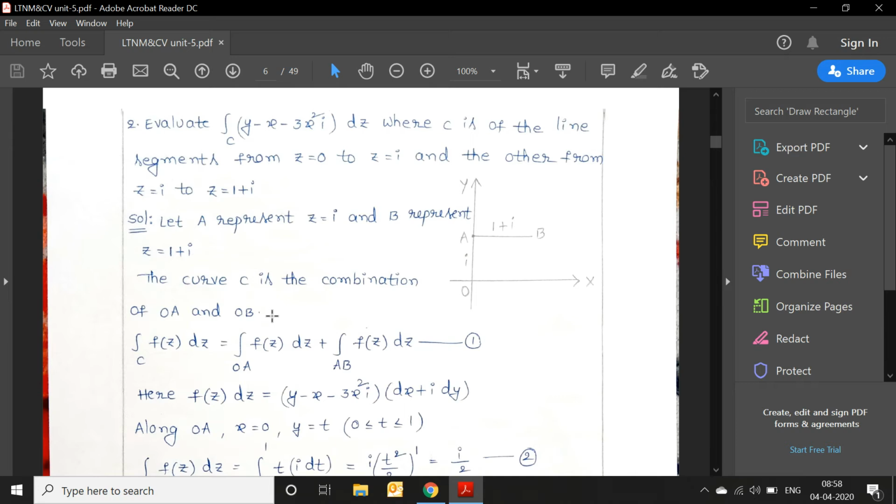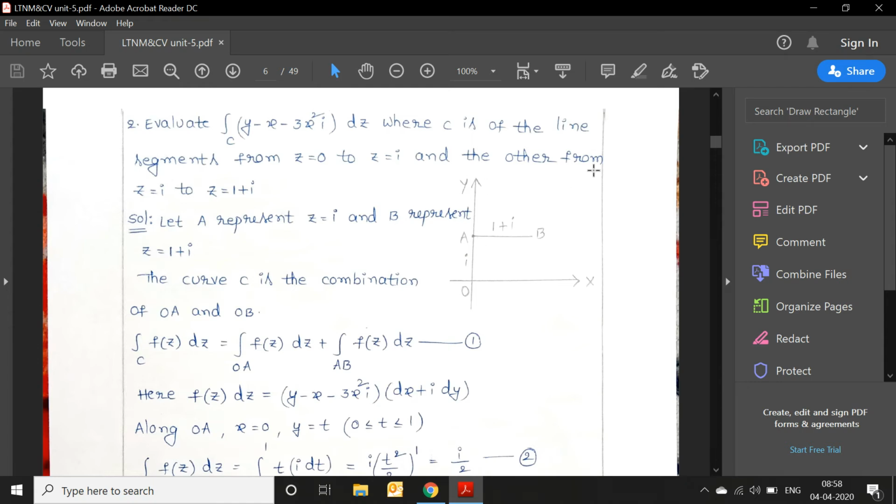Here they give the two line segments. The first line segment is from z is equal to 0 to z is equal to i. If you compare z is equal to i with x plus iy, the x value is 0 and the y value is 1. So the point is (0, 1).